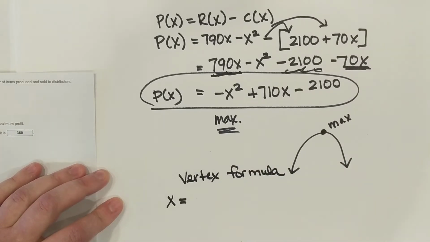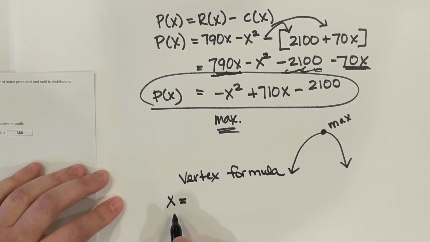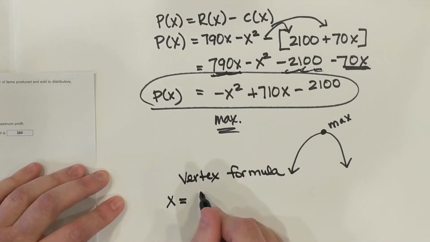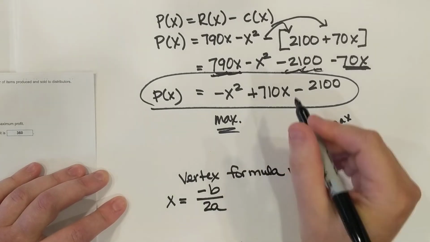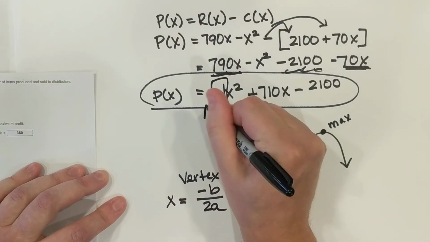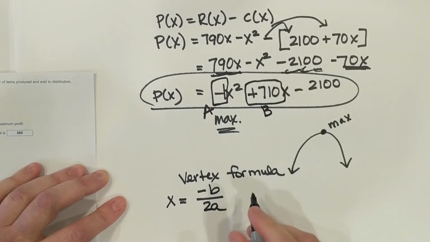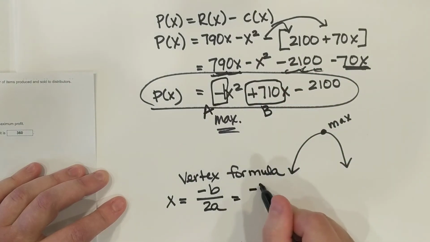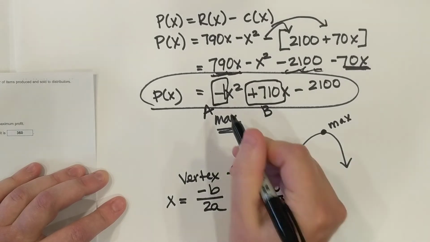So we learned that, I think, back in chapter 3. So the vertex formula is negative b over 2a to find x. Okay, and a is this coefficient. B is this coefficient. So it would be negative 710 divided by 2 times the negative 1.